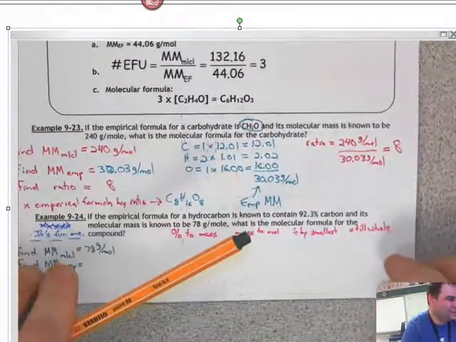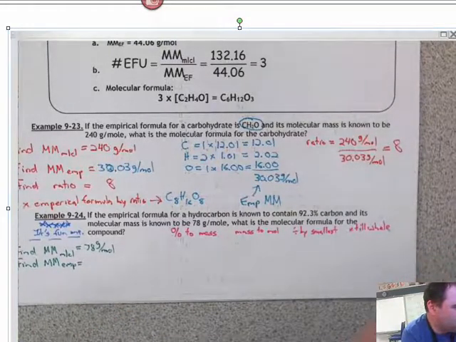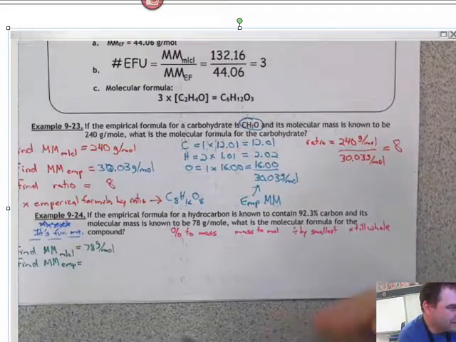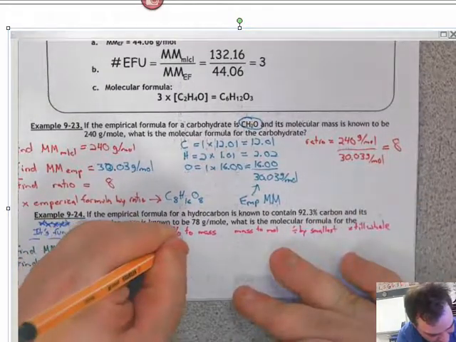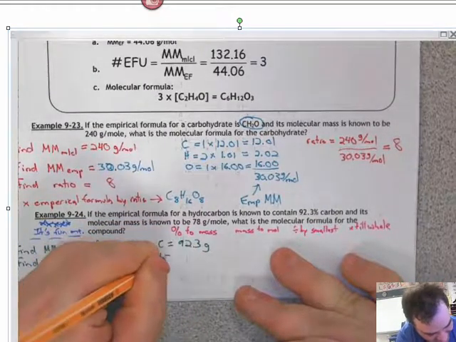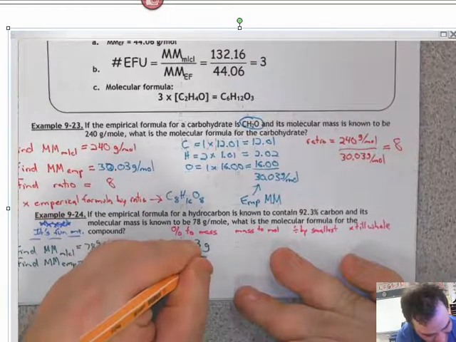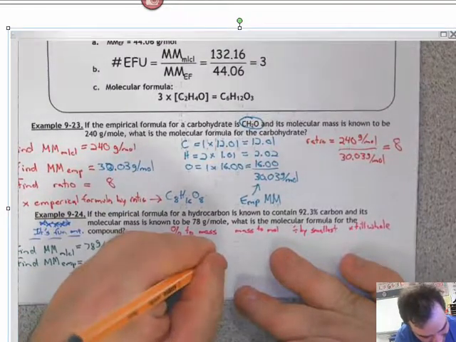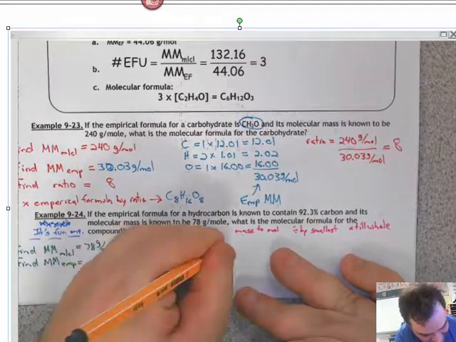Okay. So, a hydrocarbon contains only carbon and hydrogen. If carbon is 92.3 grams, I know the percentages have to add up to 100, so I know that there is 7.7 grams of hydrogen. This one's carbon.